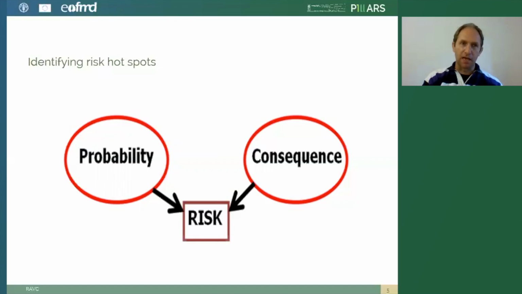Foot and mouth disease entering a free zone may happen very infrequently, but when it does happen, it's a very big consequence. So this should be prioritized as a high risk event. And when I use the word probability, we will use other words similar to mean the same thing. So the chances of something happening, the probability of it happening, the likelihood of it happening, we use interchangeably.